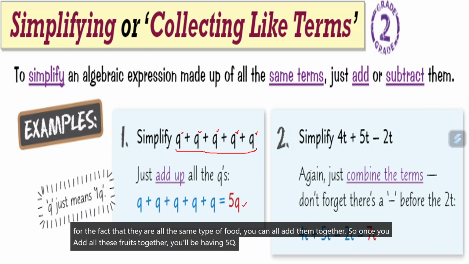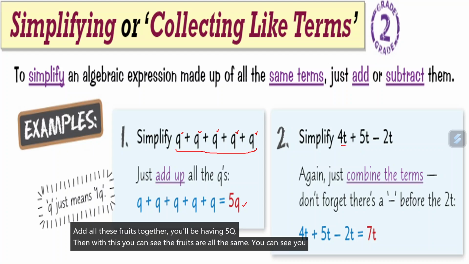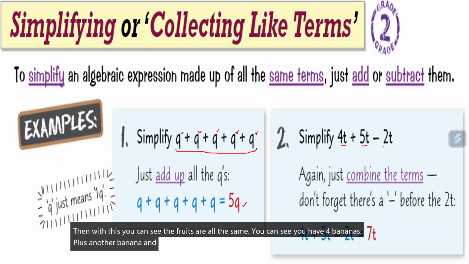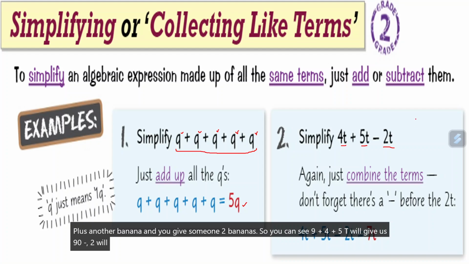With this, you can see the fruits are all the same. You have 4 bananas plus another banana, and you give someone 2 bananas. So you can see 4t plus 5t gives us 9t, minus 2t will definitely be 7t.